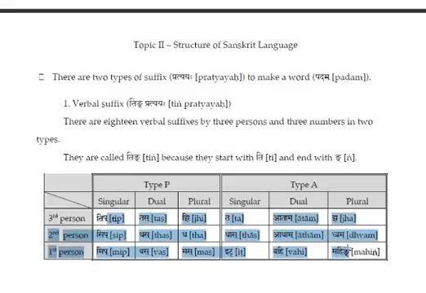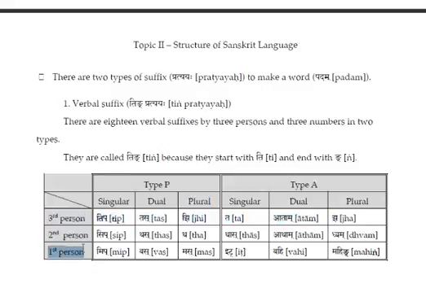And then there are 18 suffixes. So 3 by 3: 3 numbers, singular, dual, plural, indicating 1, 2, or 3 or more. And then 3 types of person.